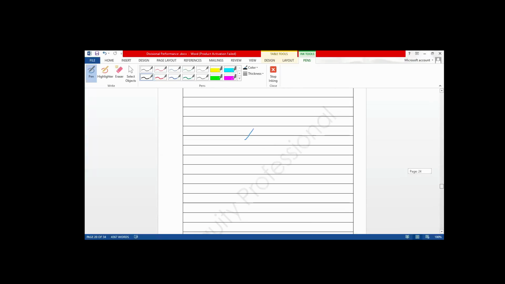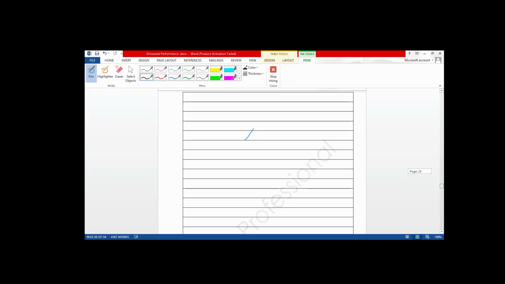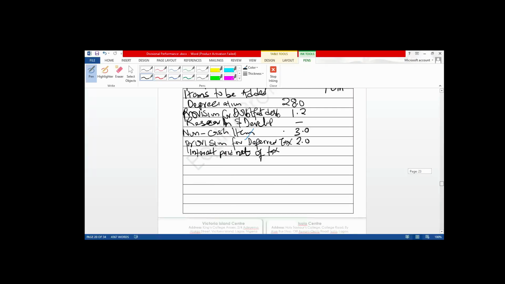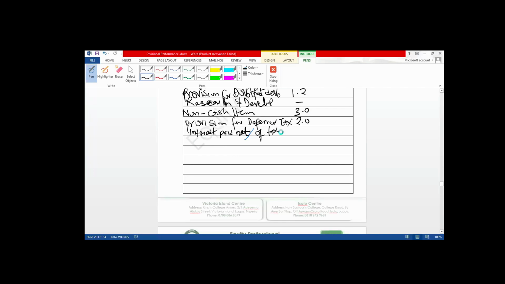Look at the working. Finance charge 14 million multiplied by 1 minus the tax rate. This will give you 10.5.